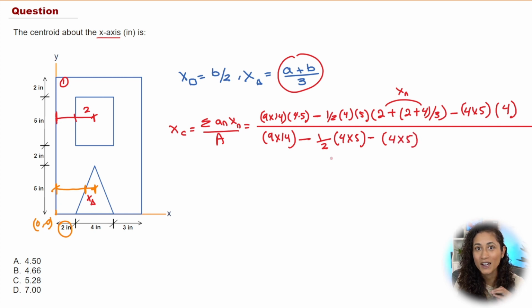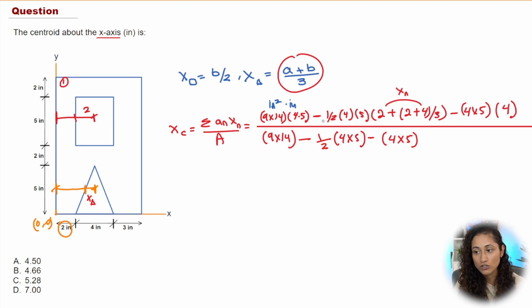Now, before we plug in the numbers, let's check the units and make sure that they cancel. Again, if you guys haven't grabbed the unit cheat sheet, make sure that you do, because I do cover the units more in depth. So here we're going to have inch squared, because that's the unit of area, times inch. So we're going to have inch cubed.